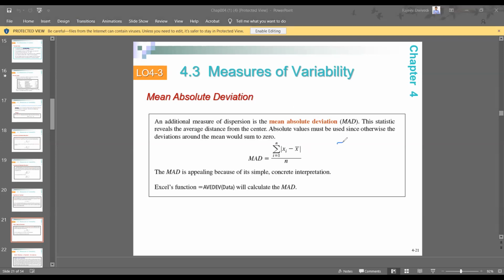So like I took 5, 6, 7, 8, 4. So 5 plus 6 is 11, plus 7 is 18, plus 8 is 26, and let this be 4. So this is 30. The average is 6.